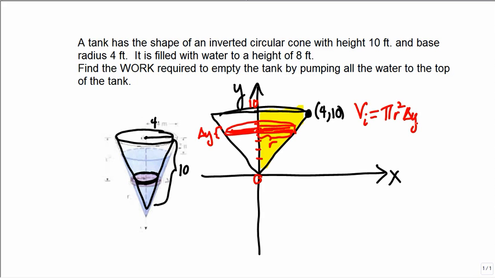So I now have to figure out what r is. R is just x, really your x sub i. And so now I need the equation of this line. First I have to find y in terms of x and then solve for x.